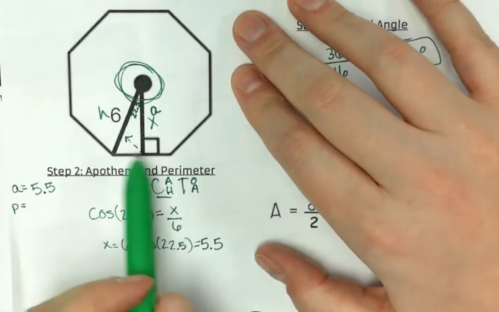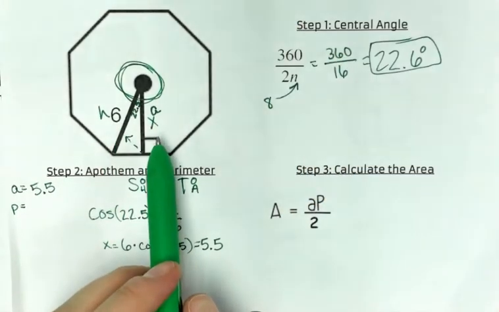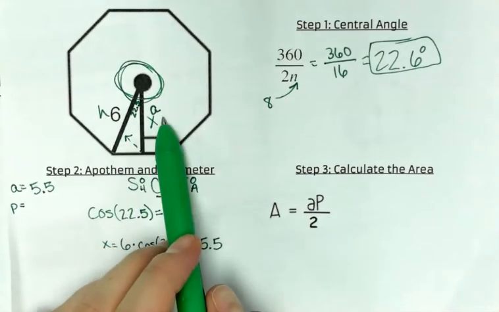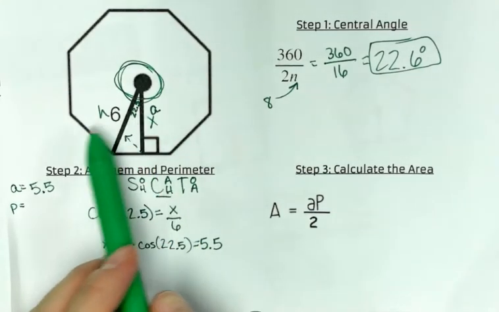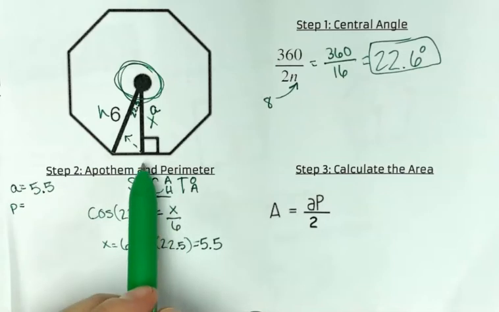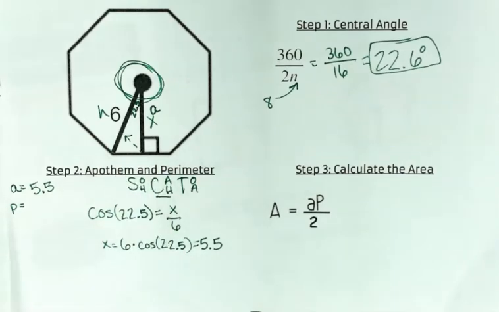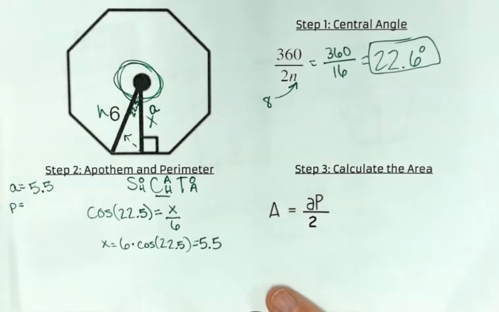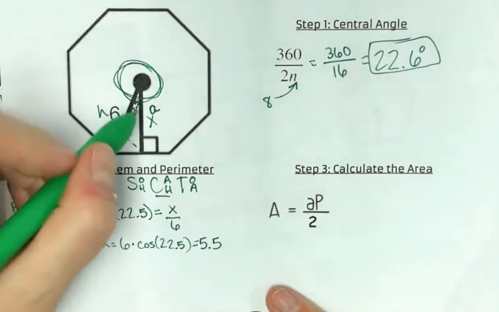Now we've got a couple of choices. We can either do trig again, or we can do Pythagorean theorem. I'm going to choose to do trig again, and that way we're just always doing the same thing. But if you wanted to, you can use Pythagorean theorem.